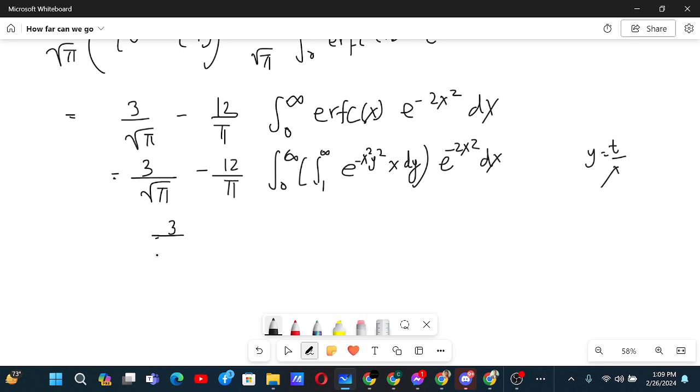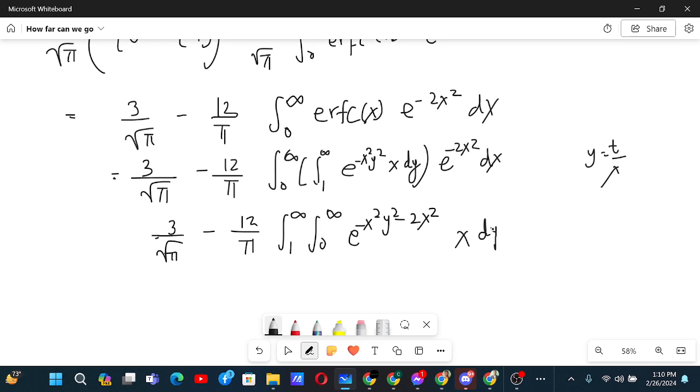Sorry, order of integral. 3 by root pi minus 12 by pi. Let us say it goes from 1 to infinity and then from 0 to infinity. We will have e to the power minus x square y square minus 2x square times x dx dy. Now we have changed dx dy.